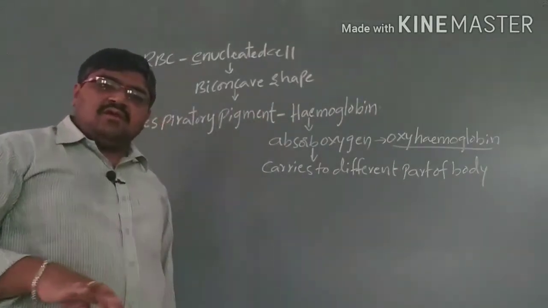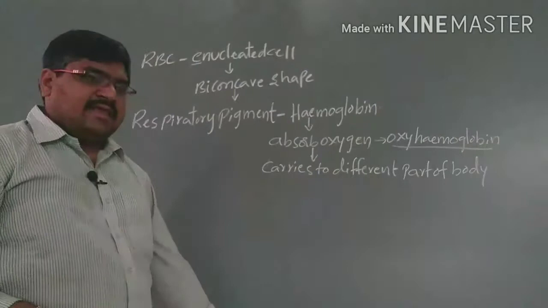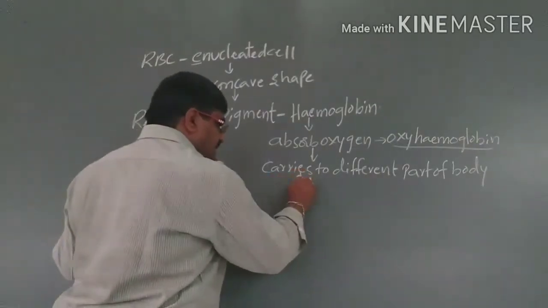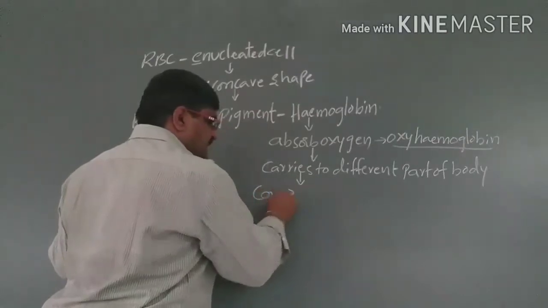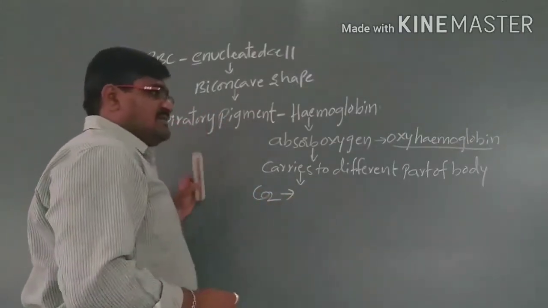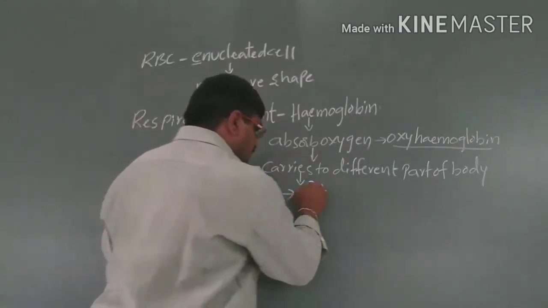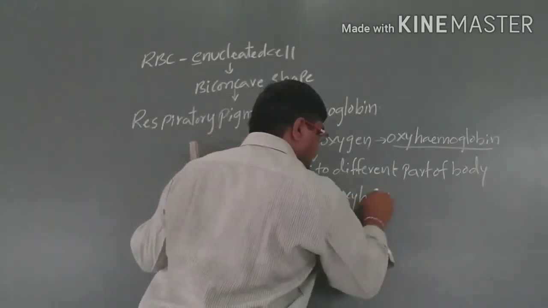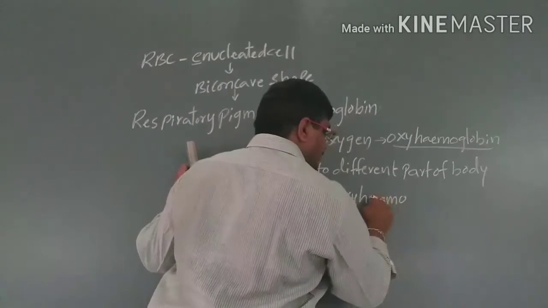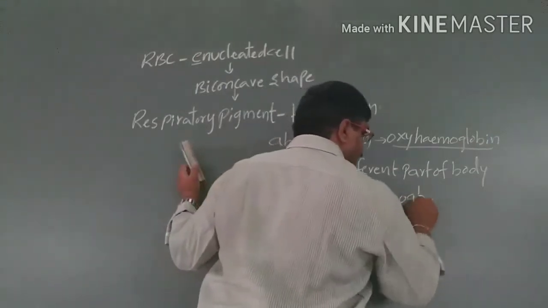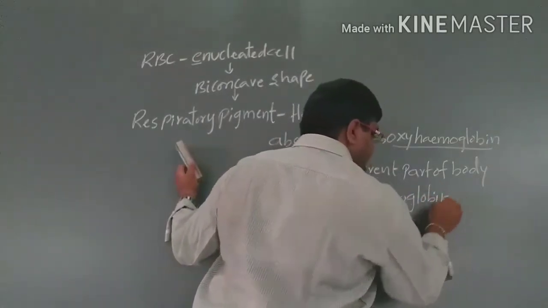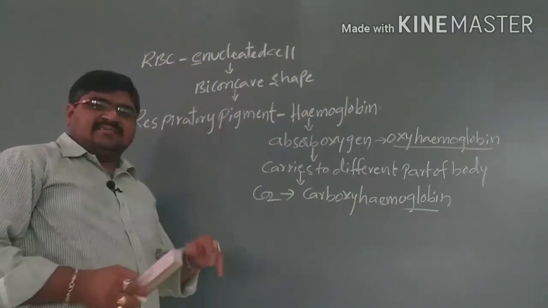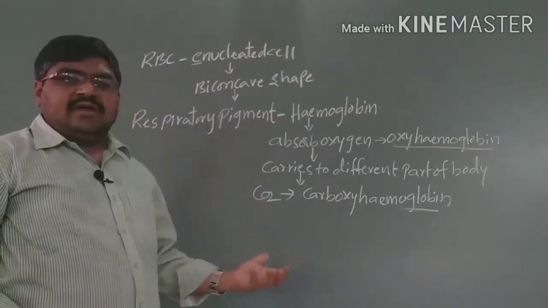Again, from different parts of the body, it carries the carbon dioxide in the form of carboxyhemoglobin, which exits through the lungs and goes outside.